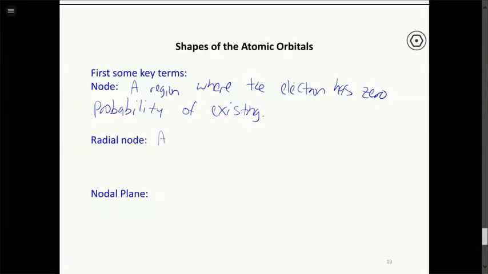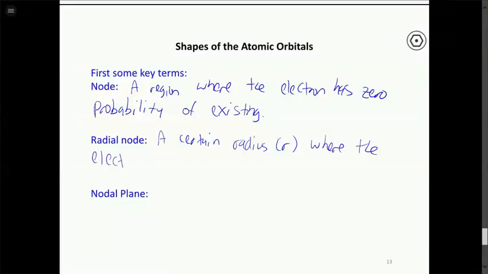So a radial node is, as the name implies, a radius where the electron cannot exist. So the electron has 0 probability of existing at that radius.